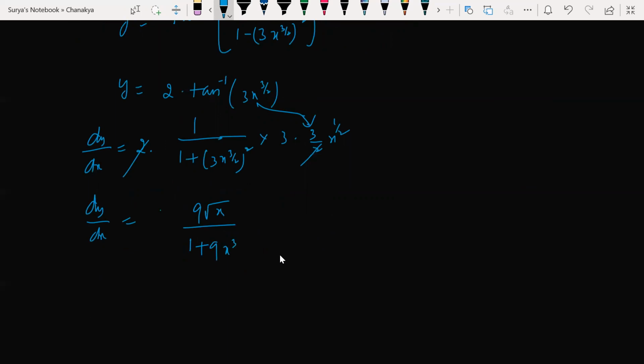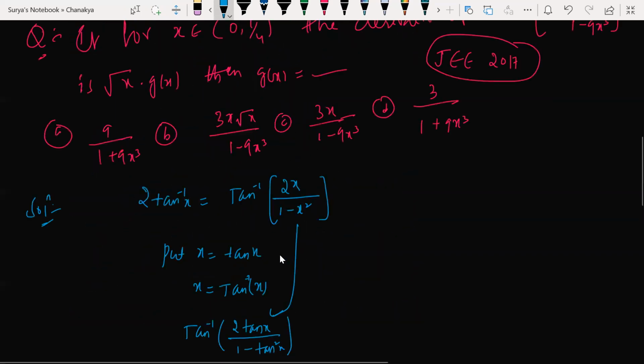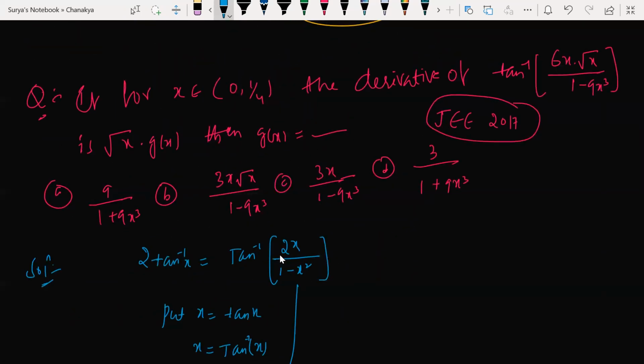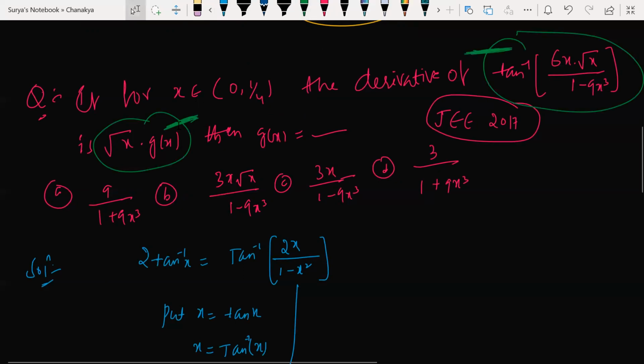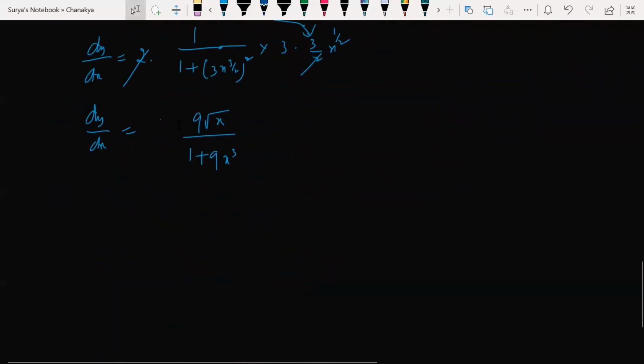Right. So what he has given here? Look at this. He has given that the derivative of this function, dy by dx of this tan inverse of some x, is equal to root x into g of x, right? This is a given part.